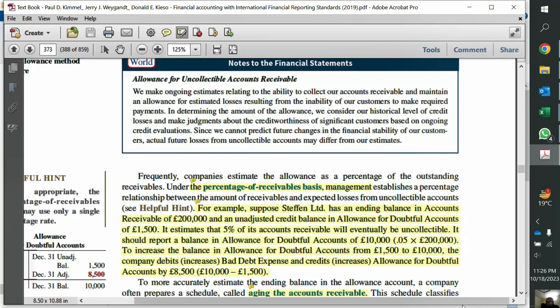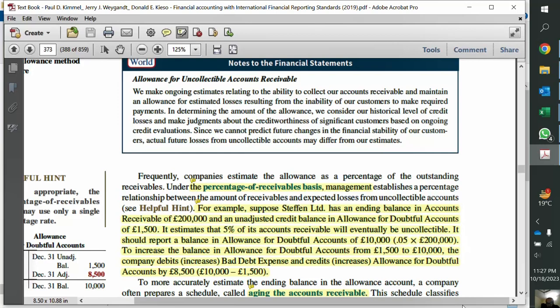But at the same time, at the end of the period, the unadjusted credit balance in allowance for doubtful accounts is £1,500. As we noted in the last video, whenever we record an adjusting entry for bad debt, say in the year 2022, we would have recorded bad debt expense debit, allowance for doubtful debts credit, and that recording would have been from an estimate.